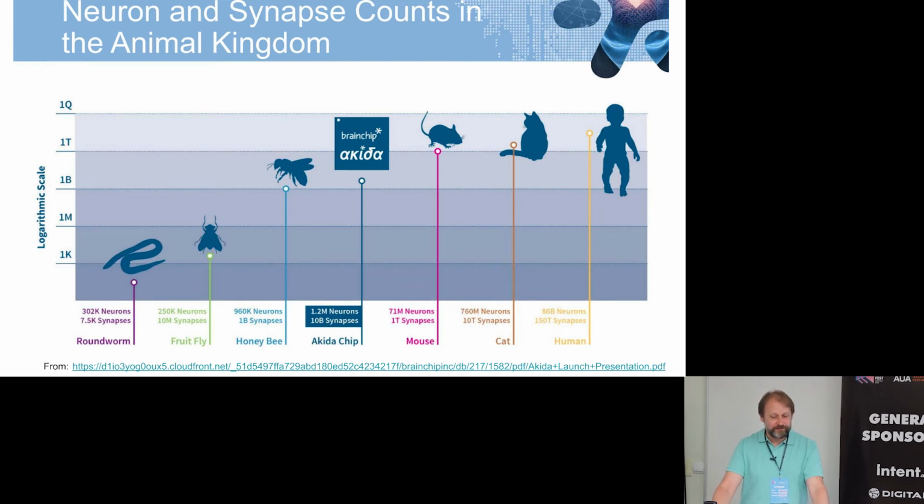But again, it's more complex than the matrix multiplications and the very simple neuron in deep learning. So again, it's a good movement, a good transition. According to these numbers, the Akida chip has more than 1 million neurons and 10 billion synapses. That's a pretty decent amount, comparable to some living organisms, somewhere between insects and small mammals like a mouse or rat.